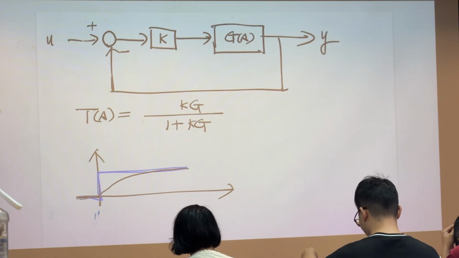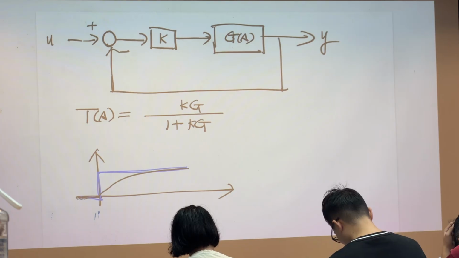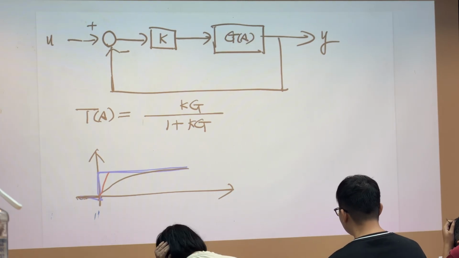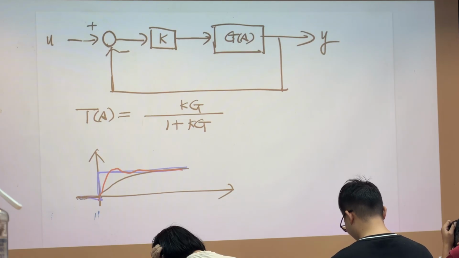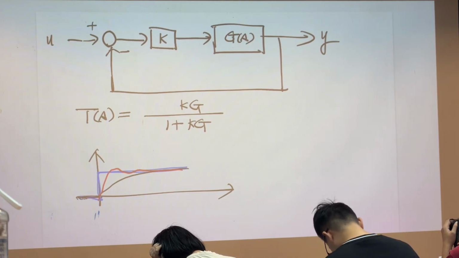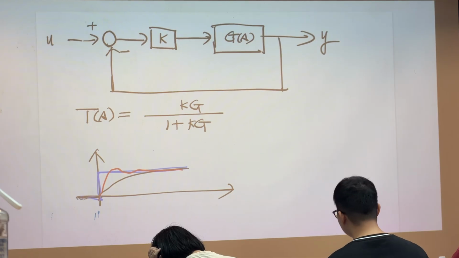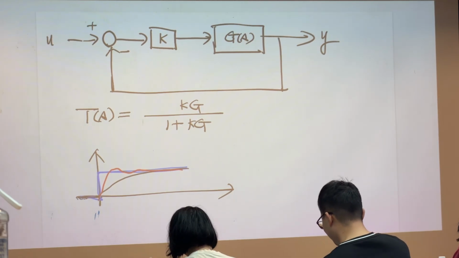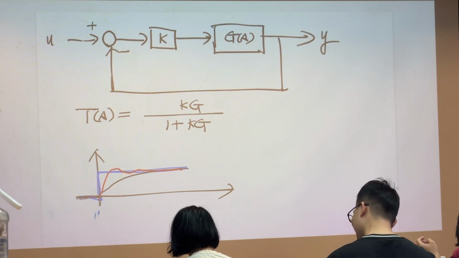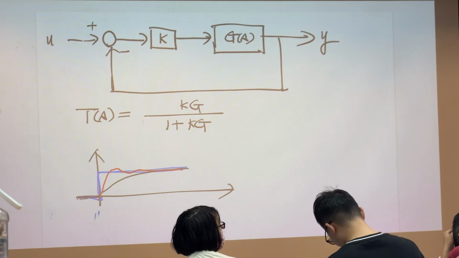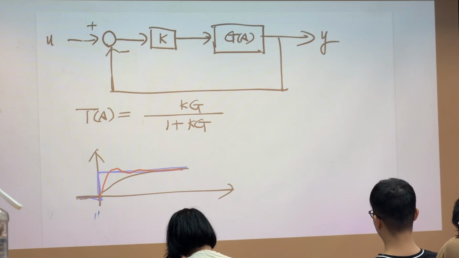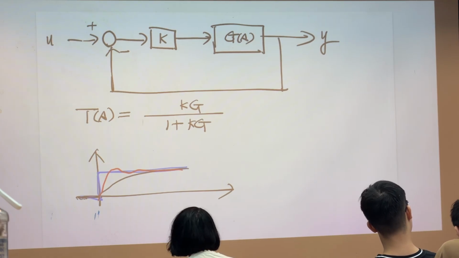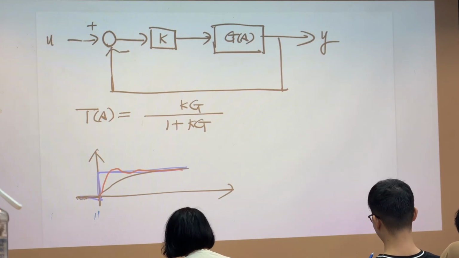With feedback and with K gain, we can have better performance like this. Now, if it is a first order system or a second order system, they may be a little bit different. What I'm showing here is the second order system, the red curve. And we want to control that so that it rises faster and shortens the response time. So this is the advantage of using feedback control.